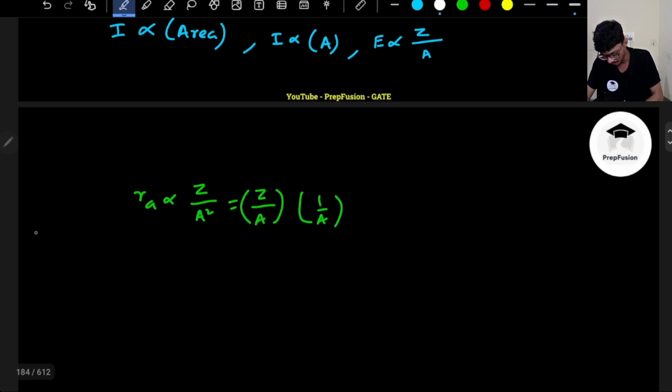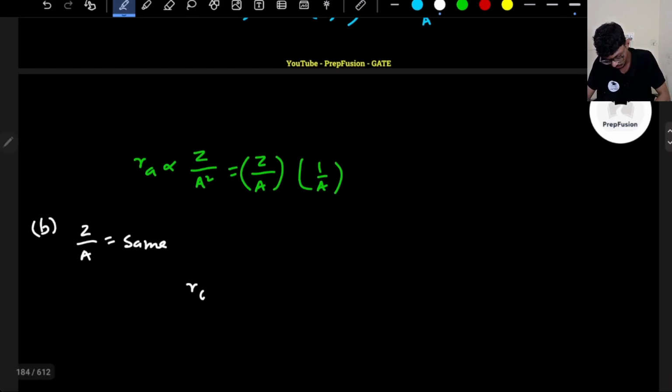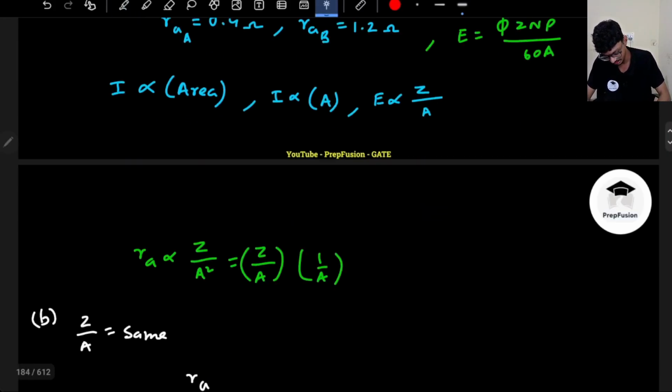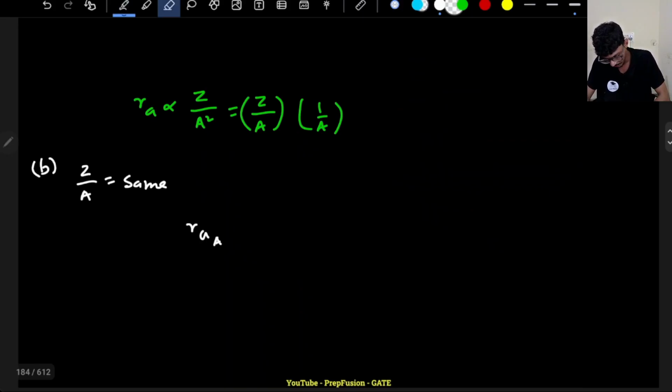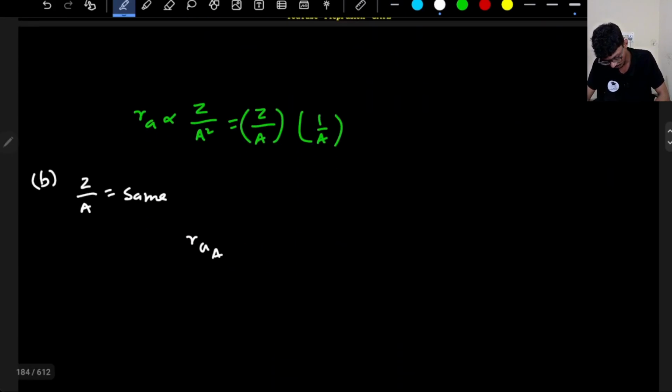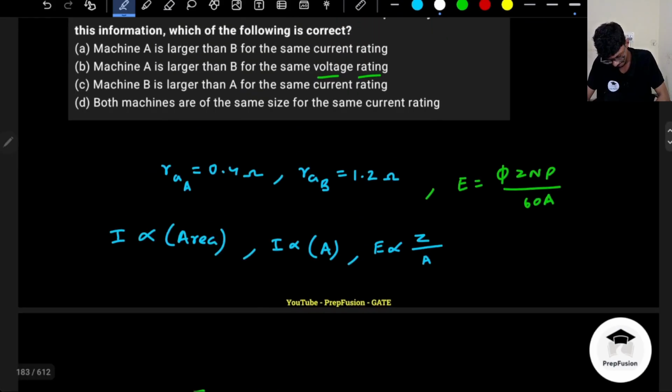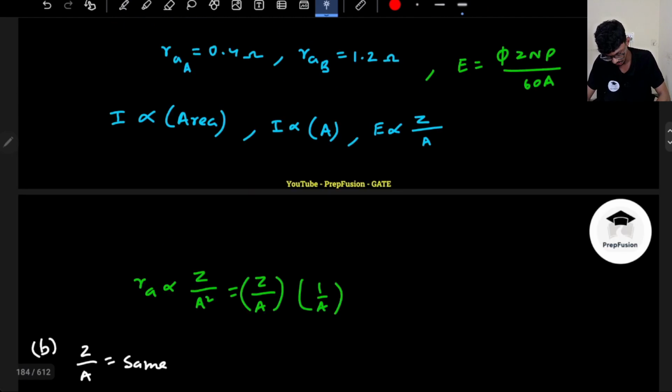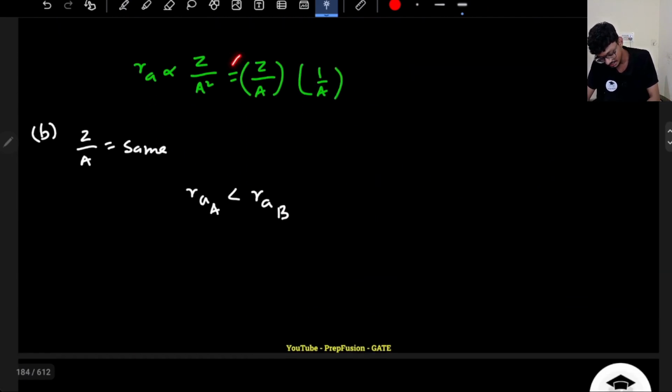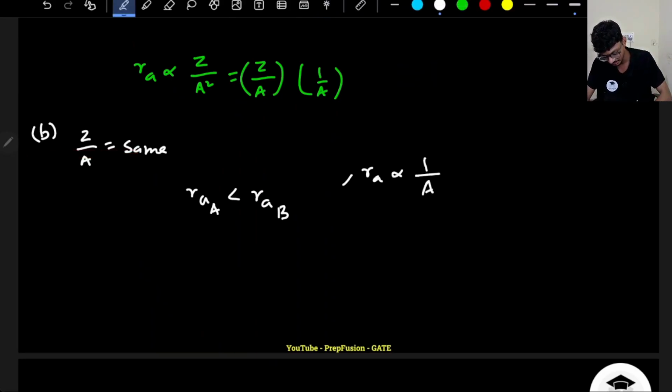Now I am doing this for option B. The armature resistance of machine A is smaller than the armature resistance of machine B. Since Z by A is constant, my armature resistance is proportional to 1 by A. So that means the number of parallel paths of machine A will be this, and of machine B will be this.